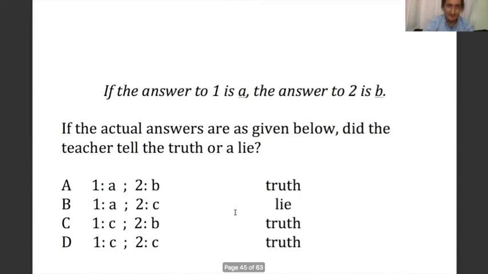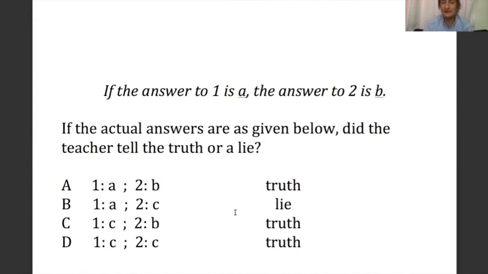Well, I think you'll agree that in these cases, what the teacher said would be the following. In case A, they would have said the truth. In case B, they would have lied, because that's exactly what the if is kind of ruling out. It's not possible for 1 to be A and 2 not to be B. That's what the if statement seems to be saying.